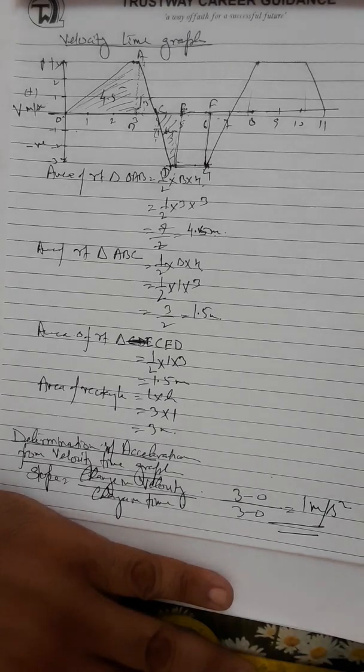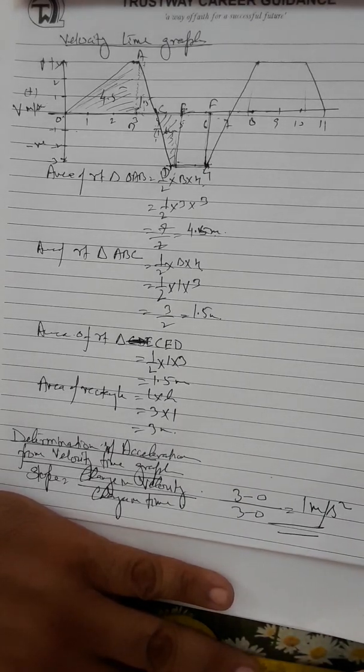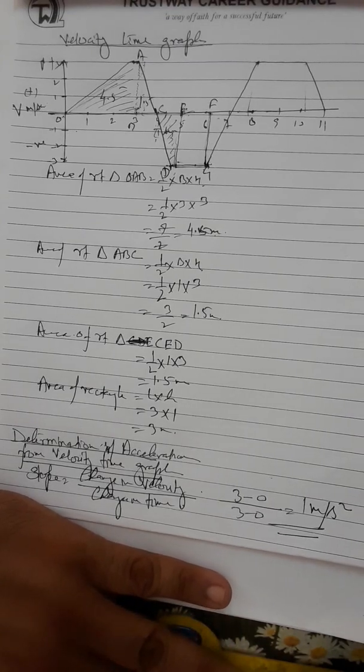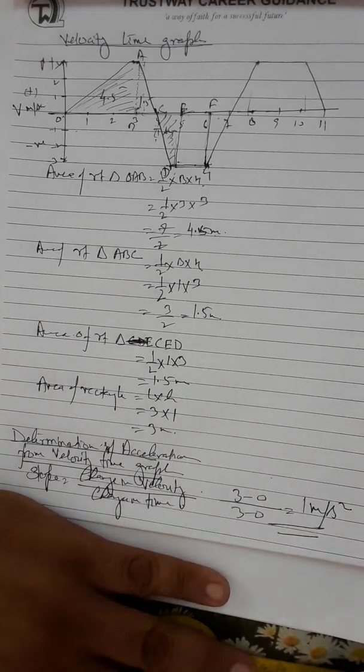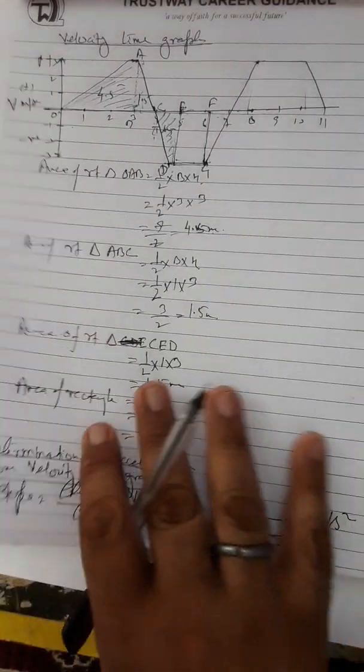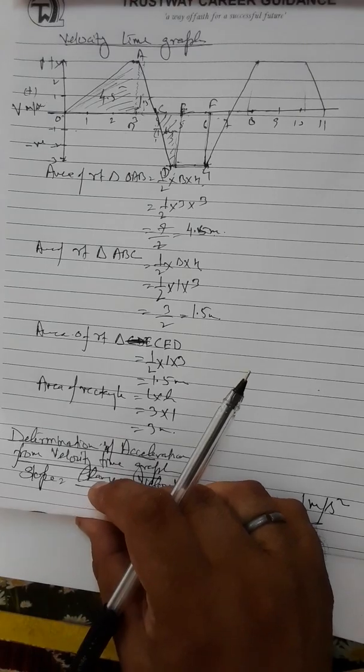So they have given all these examples. Go through all these examples in the book, and on the next class we will discuss the acceleration time graph. Clear? If you have any query, you can call me on my phone.